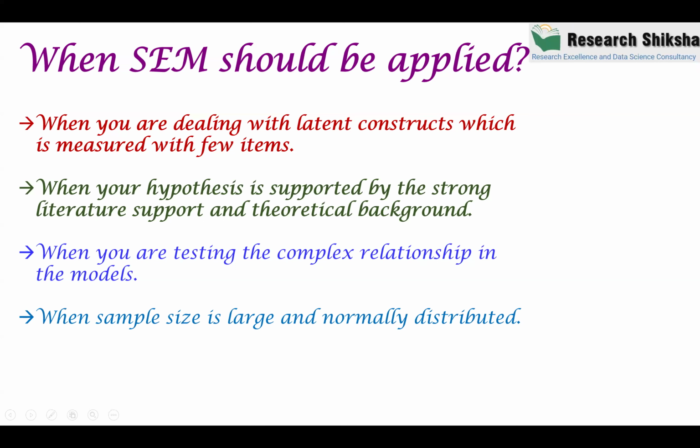Whenever you are measuring the construct with the help of the items, SEM is required. Because regression is required only when you have simple variables, like in economics, you have GDP, money supply. You can find out the impact of money supply or GDP, impact of interest rate on this. So in that case, regression is the only method to apply.